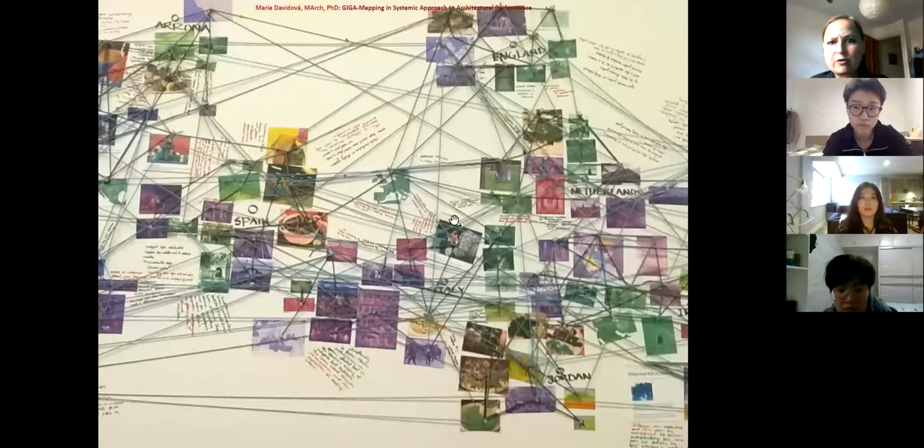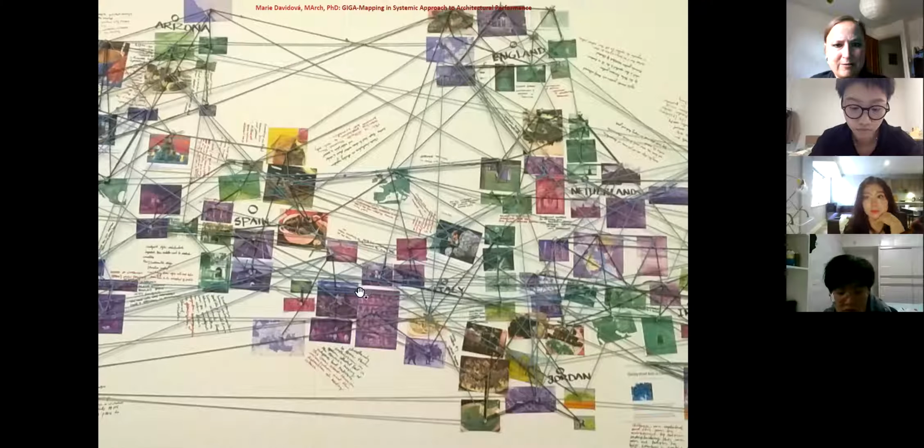This would be a similar workshop done by students with various backgrounds in Arizona, and you can see they decided to differentiate different topics by different color frames, whilst they were drawing on the map and analyzing where the cultures were migrating across continents and what their involvements were.